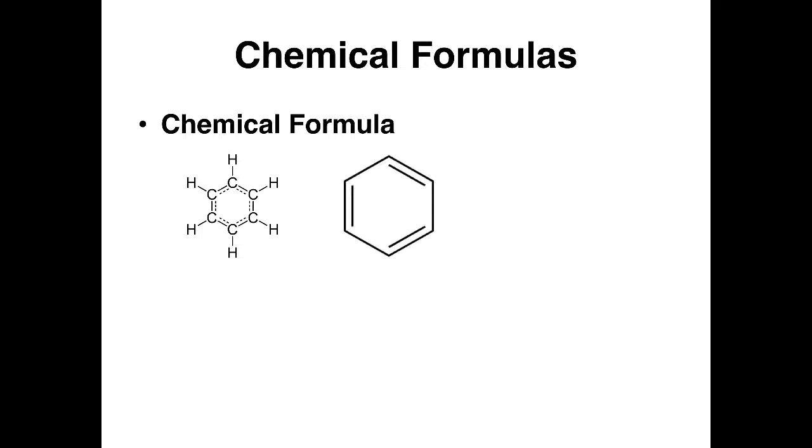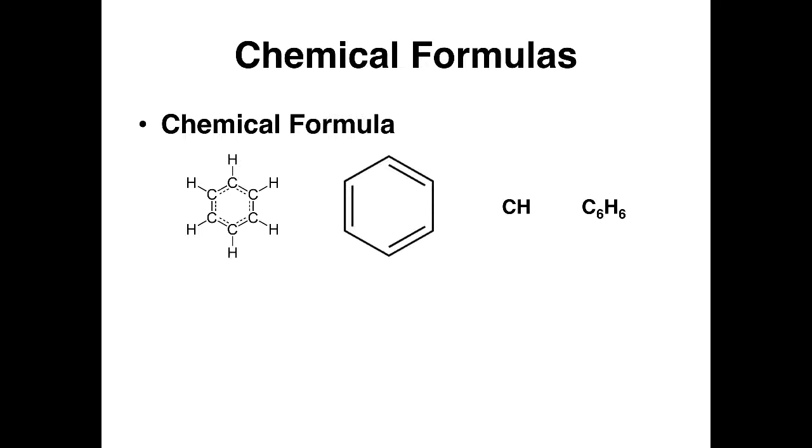So here are some examples of different types of chemical formulas. These are two chemical formulas for benzene. This is the empirical formula, CH, and the molecular formula, C6H6.